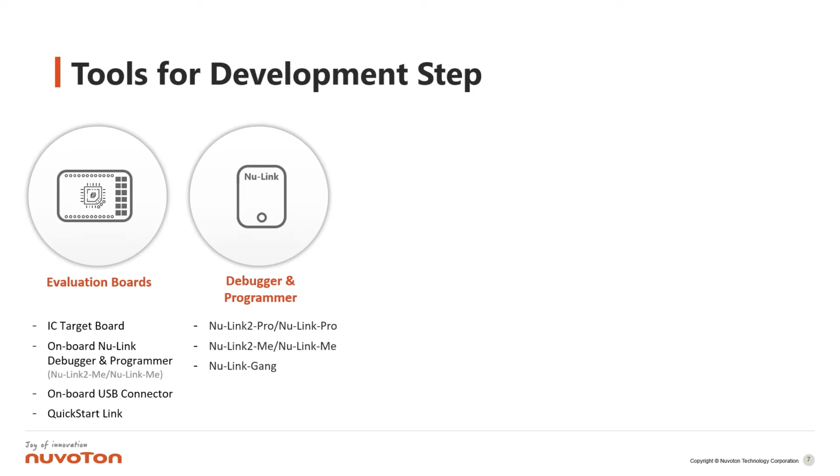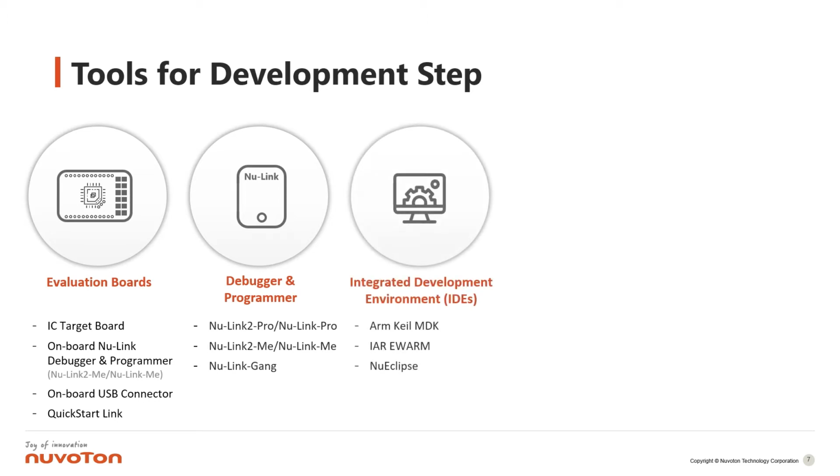We will have a thorough introduction in the exercise session. And the third one is the IDE, an integrated development environment. We provide 3 types of IDE, including KEIL, IAR, and NuEclipse. Users can freely make a choice. This time we will implement the exercise on KEIL later.